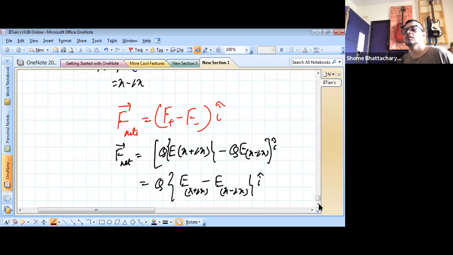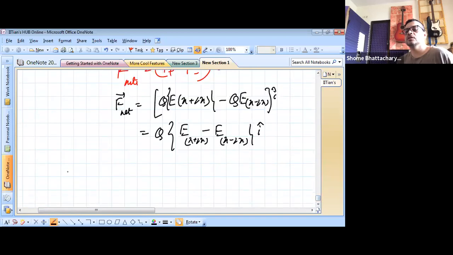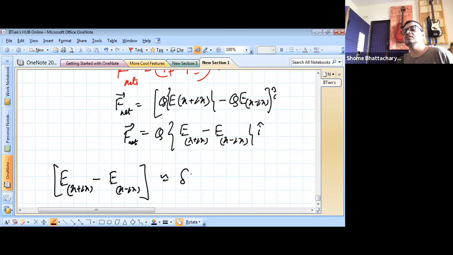Since delta x itself is small, E at x plus delta x minus E at x minus delta x is nothing but a change in E, the rate of change of E with respect to x.